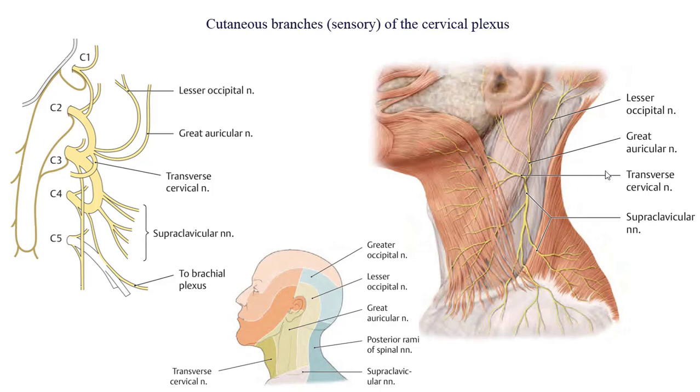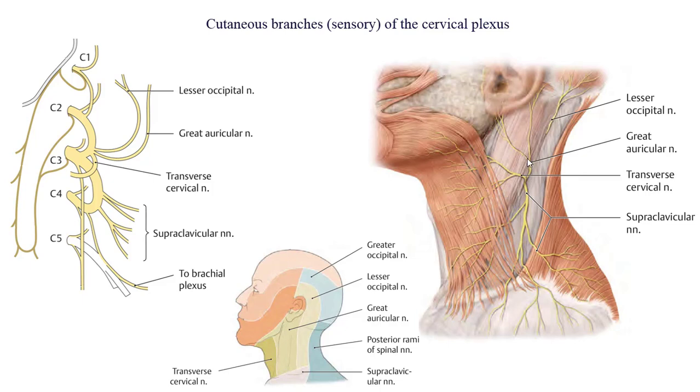Another sensory or cutaneous branch of the cervical plexus is the great auricular nerve. It originates from the second and third cervical spinal nerves and courses upward crossing sternocleidomastoid onto the parotid gland.